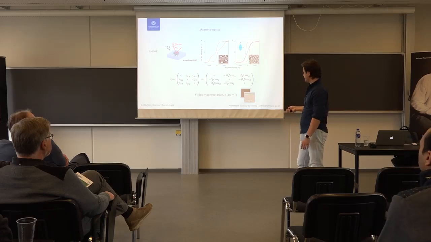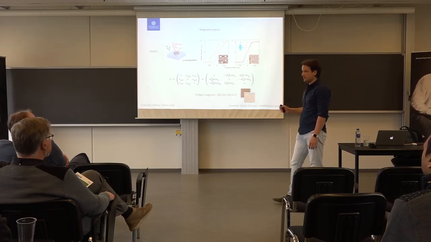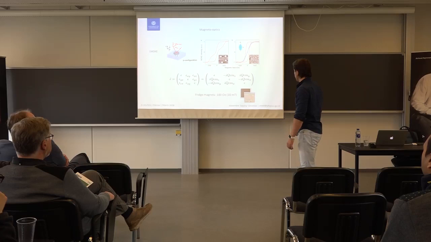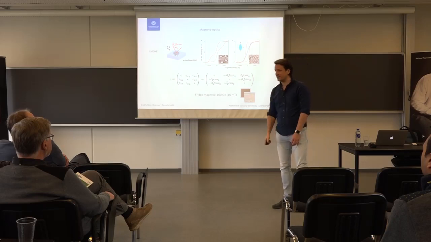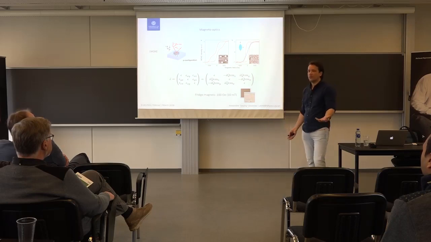The fridge magnets that you possibly have in your kitchen are about 100 Oersted. So it's 10 milliTesla if you want to convert that. If you imagine that 100 is somewhere here, for certain structures you are pretty much at the fridge magnet limit. So it's a really low magnetic field.